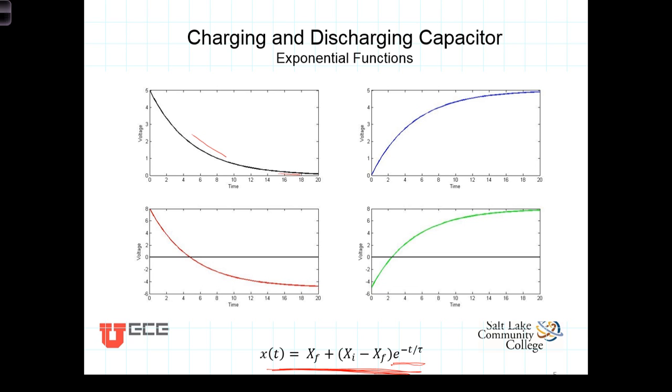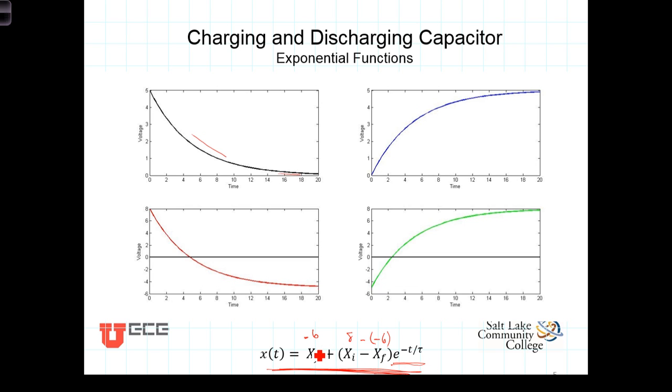Here now we have the final voltage being, say, -6 volts, the initial voltage being 8 volts, and we would have then the voltage across the capacitor as a function of time, this curve here, being described as the final voltage, which is -6, plus the initial voltage, which is 8 volts, minus the final voltage, minus a -6 volts, times this e to the minus t over tau term.